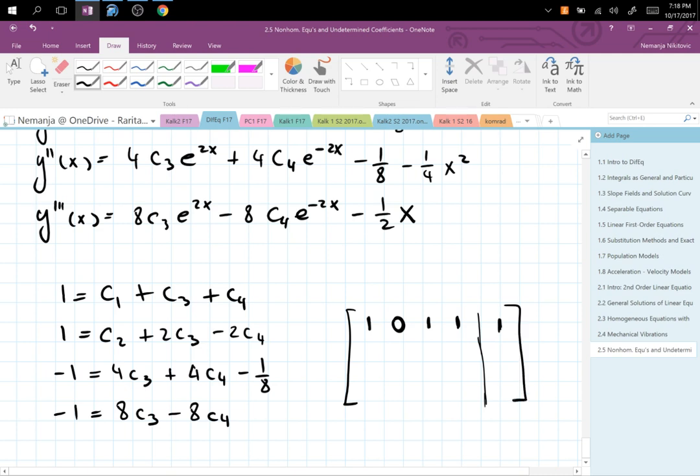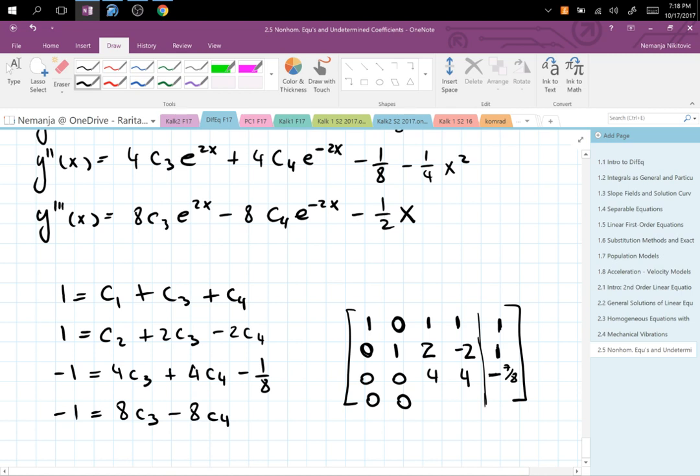Then we have 0 on C1, 1 on C2, 2 on C3, negative 2 on C4, and 1 as the answer. 0, 0, 4, 4. This 1 over 8 has to go, so negative 7/8, because you have to combine this with negative 1. So negative 1 plus 1 over 8 is negative 7/8.